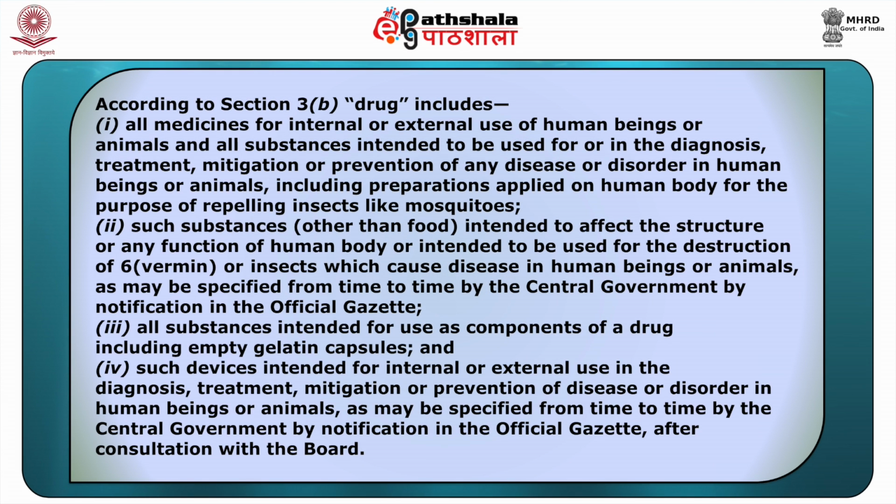Drug. According to Section 3(b), drug includes all medicines for internal or external use of human beings or animals, and all the substances intended to be used for or in the diagnosis, treatment, mitigation or prevention of any disease or disorder in human beings or animals, including preparations applied on the human body for the purpose of repelling insects like mosquitoes.